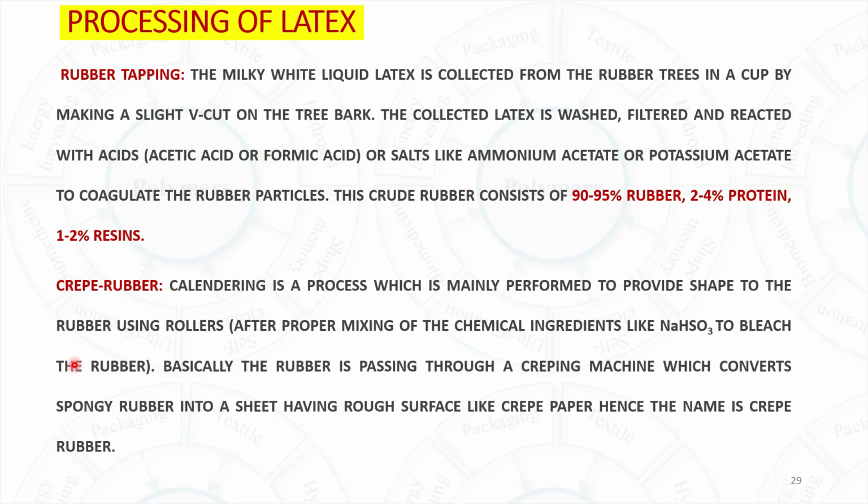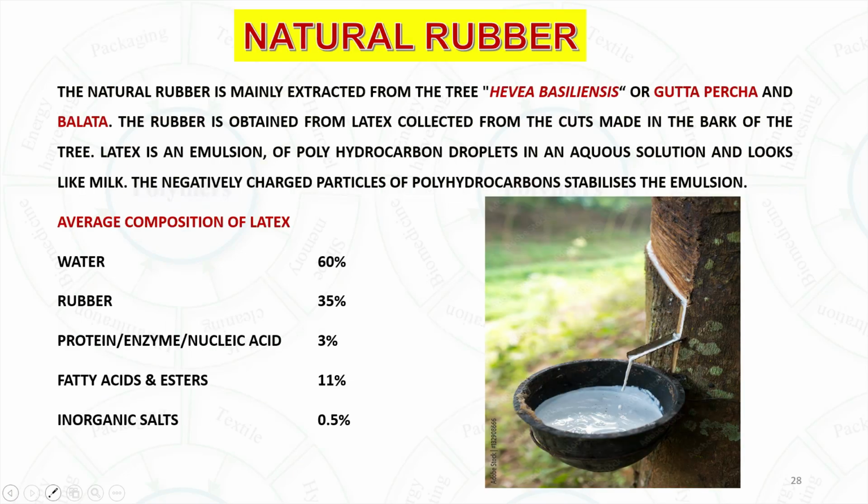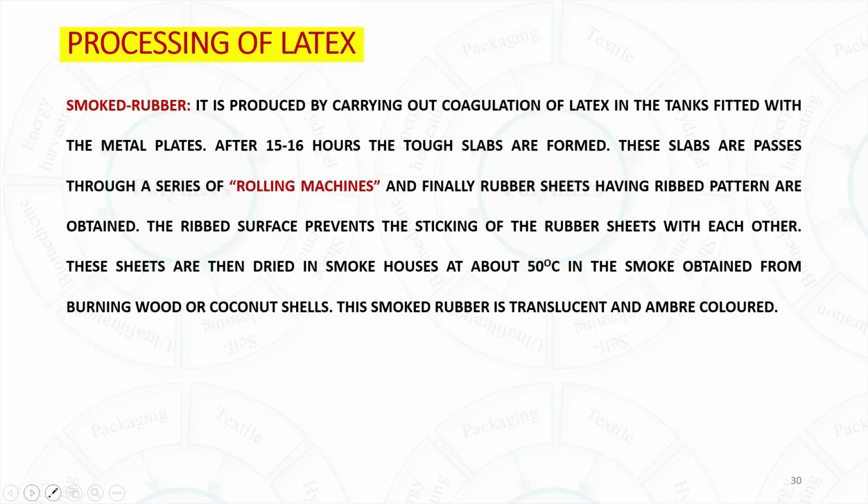But if you don't want the crepe rubber, you can directly take this emulsion and treat it directly into smoked rubber. So for making the smoked rubber, it is produced by carrying out the coagulation of the latex in the tanks fitted with the metal plates.